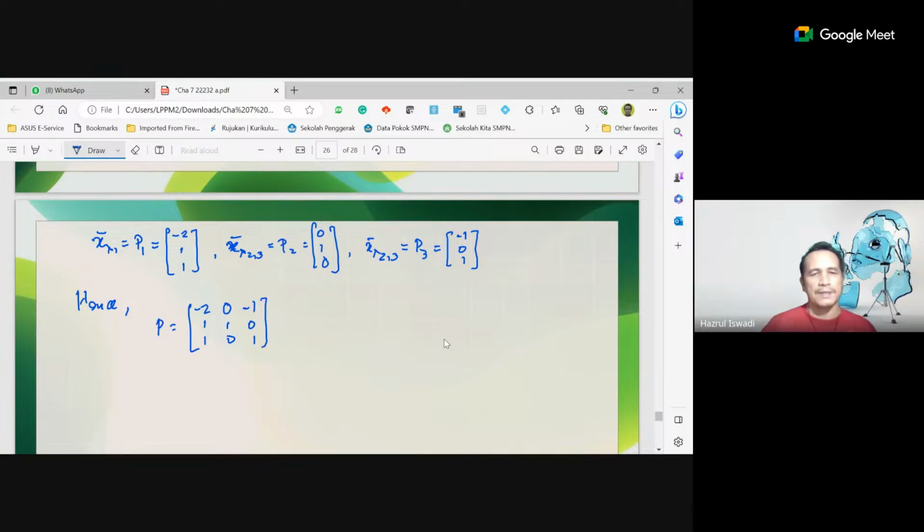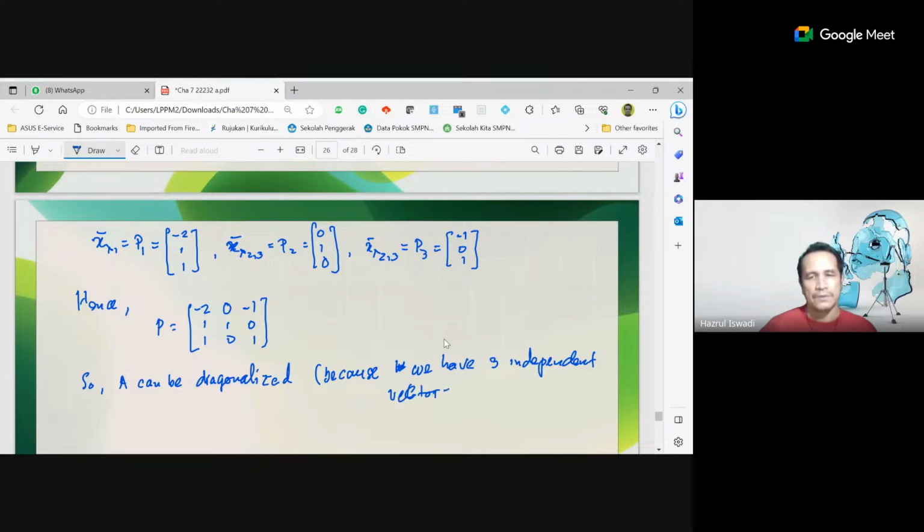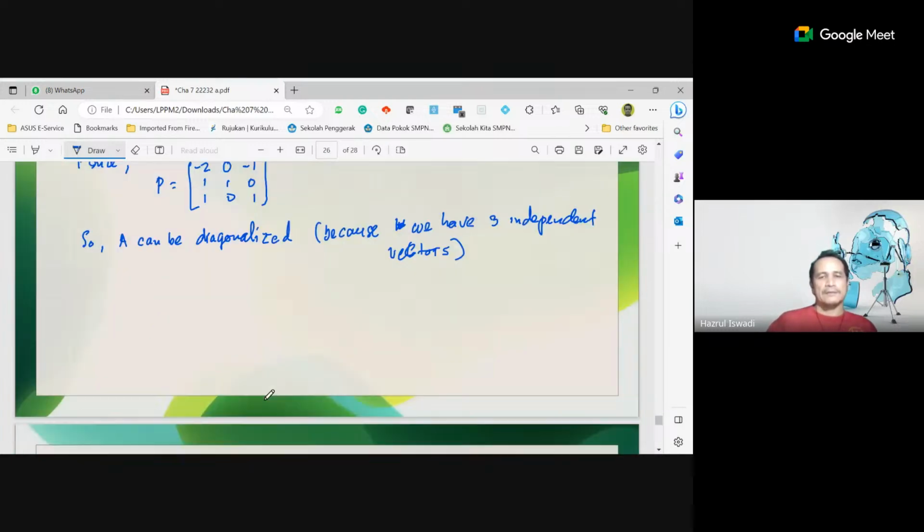This is our P. So A can be diagonalized, because we have three independent eigenvectors.